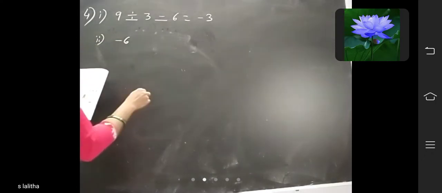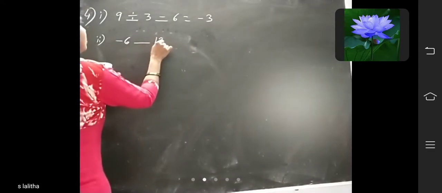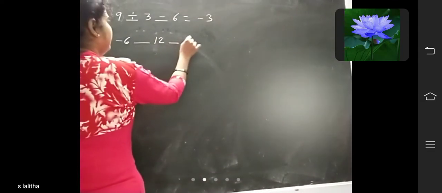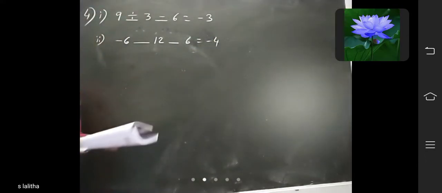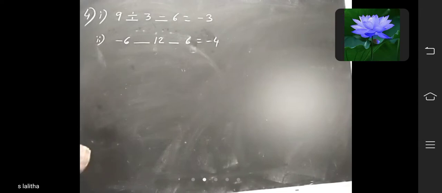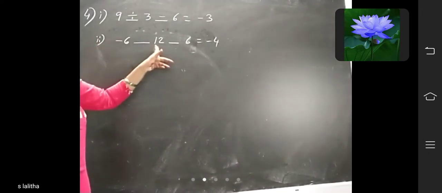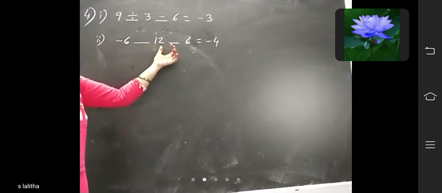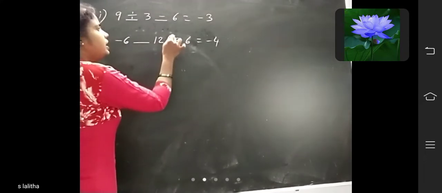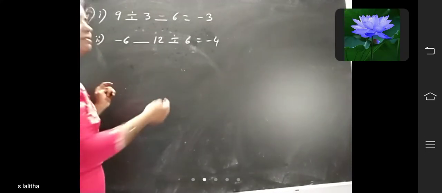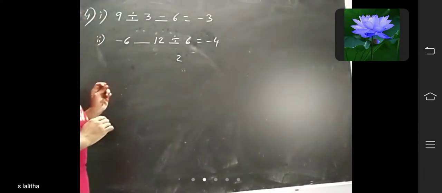Next, second one. Minus 6 dash 12 dash 6 equal to minus 4. What operations do we use here? Here is a small number, this is a bigger number, so you should take these two first. 12 divided by 6, what is the answer? 2.